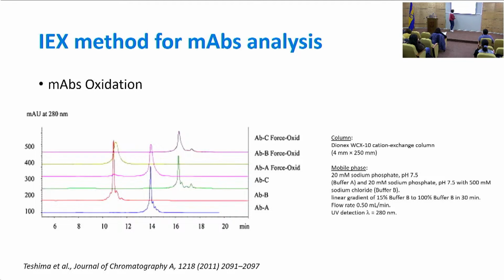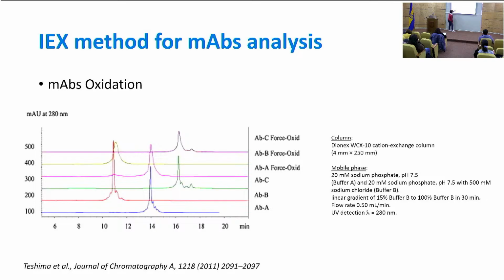And as you can see, for instance, for monoclonal antibody A, the profile is modified.